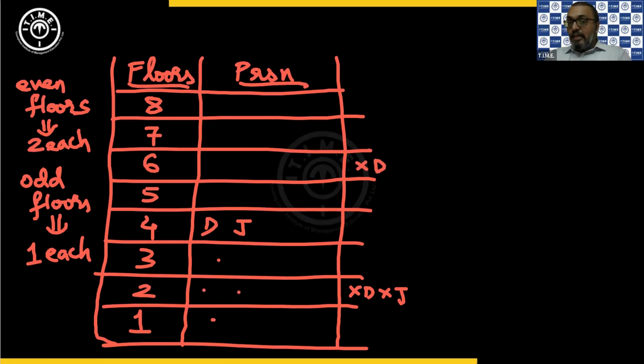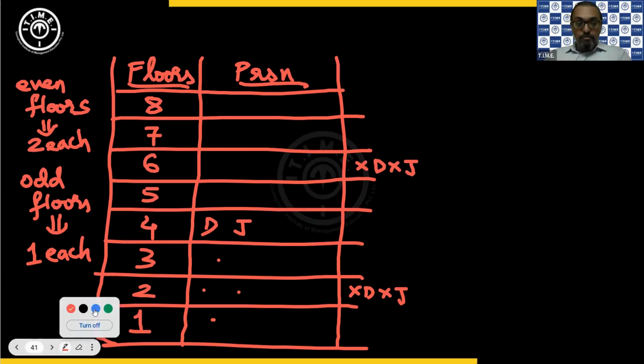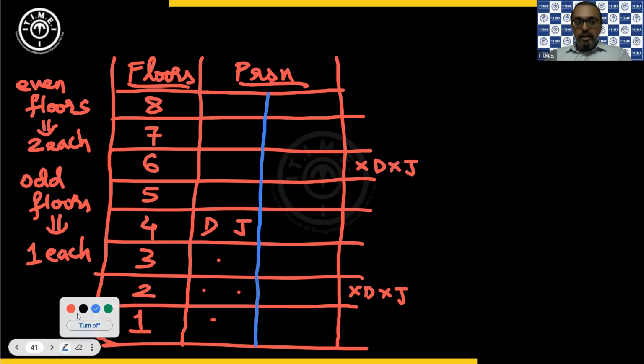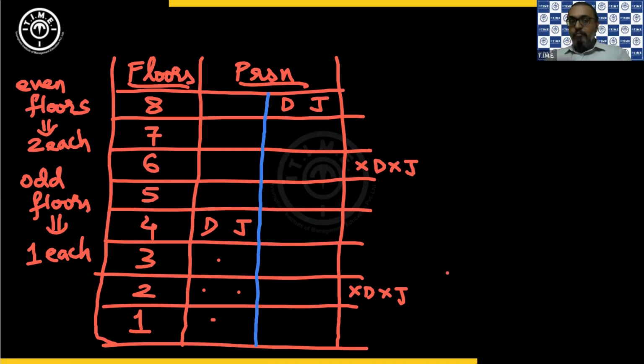I cannot have D and J in floor number 6 because below you will have 7 people. But I can also have D and J fixed on the 8th floor. So 2 cases. Because D lives in the same floor as J, so obviously it has to be an even number floor. And 2 possibilities you will get.